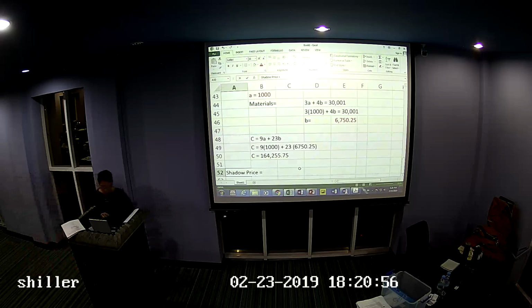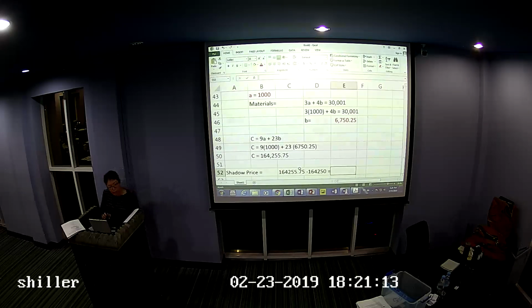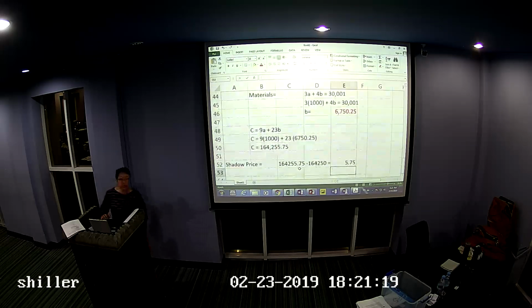Okay, so what is this now? Tell me. So I'm going to take this one, 164,255.75 minus, what was the original? 164,250. So what is this? How much? 5.75 is the shadow price.